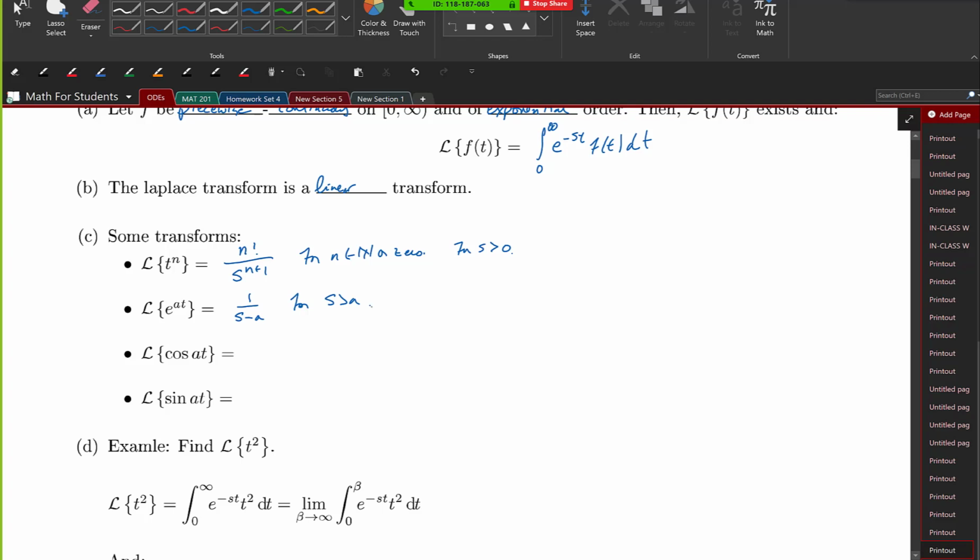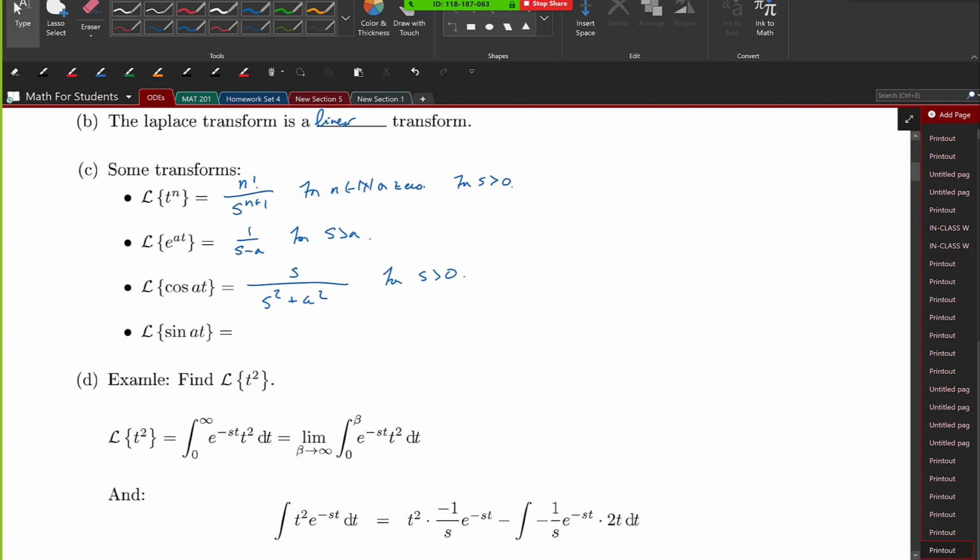Okay. So then the Laplace transform of the cosine of at, we said was s over s squared plus a squared, and that holds for s greater than 0. And for the sine, that is a over s squared plus a squared, and that holds again for s greater than 0. Okay. I don't really want to ask you problems that take forever to work through.